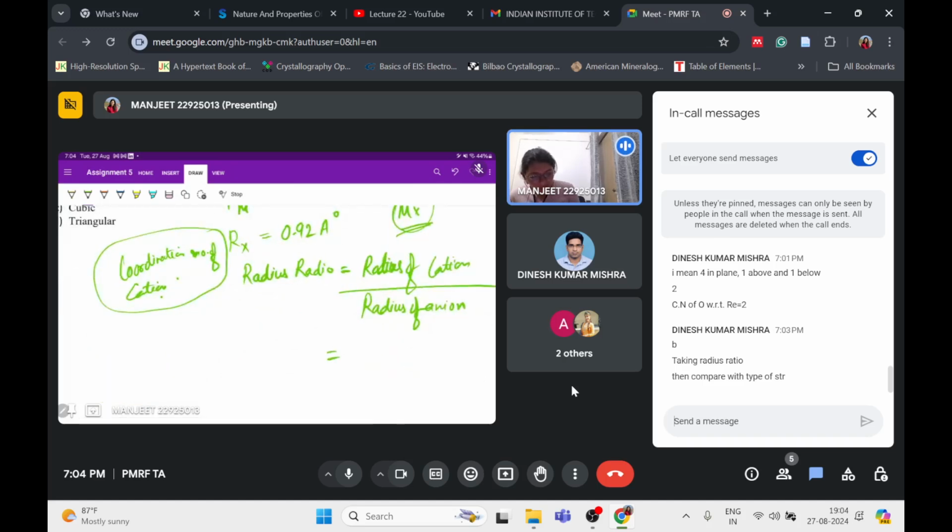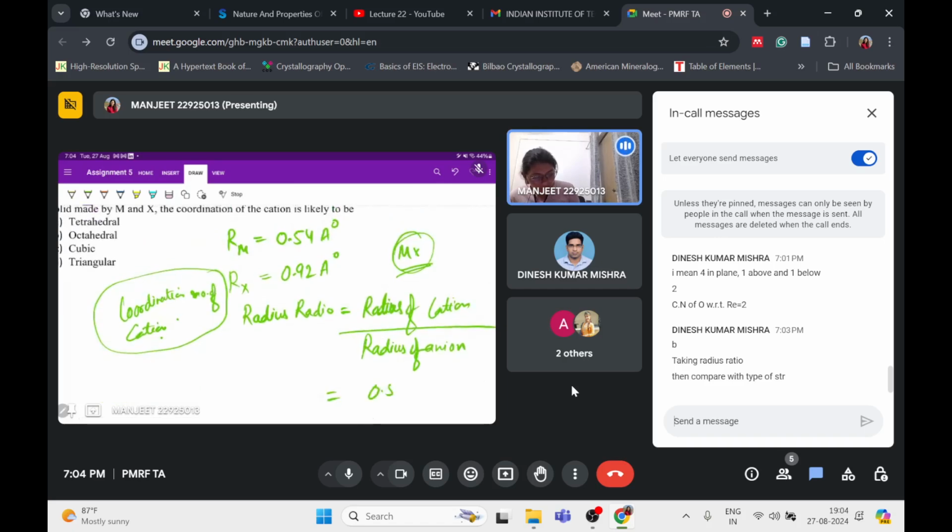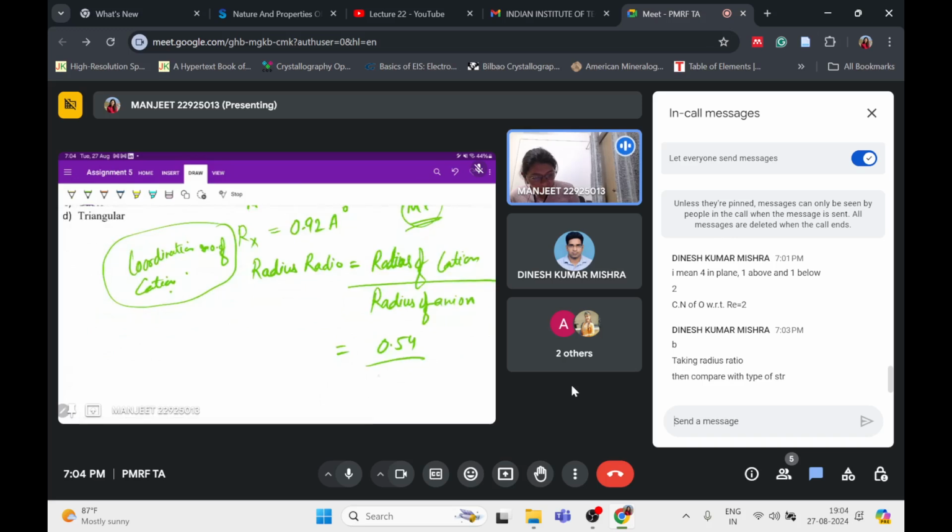Now substitute the value. This is 0.54 divided by 0.92. If you divide 0.54 by 0.92, what will be the value of the radius ratio?